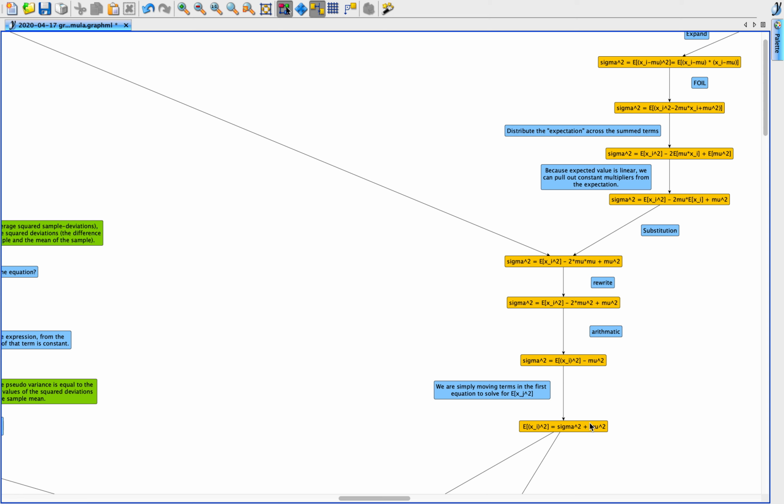I also suspect that there's a way that I could learn to see this at a glance, basically. This sort of seems like the deepest, most important sense of what sigma squared means.